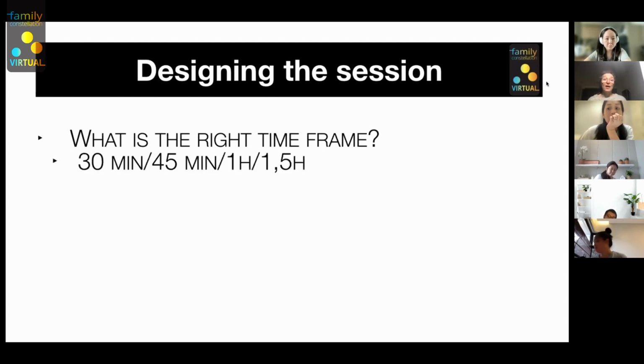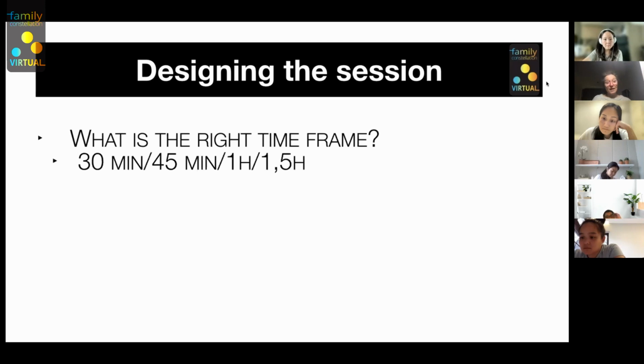So I would suggest the shortest session is probably half an hour, and the longest probably 1.5 hours, and anything in between. I think both ends are quite extreme. 30 minutes is quite short, and 1.5 hours is quite long. So in my experience, 45 minutes to an hour is just perfect for a one-on-one session.